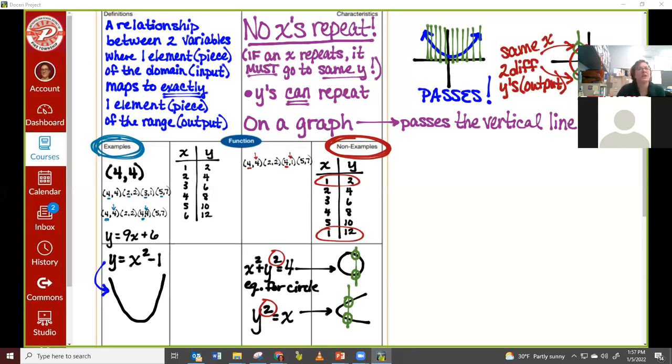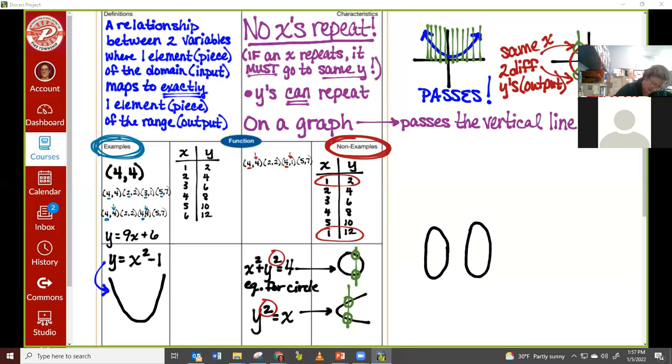There was one other kind of representation that you guys had yesterday when you were doing the card sort between function and not a function. And it was the ones that looked kind of like this. And then they had some arrows between them.